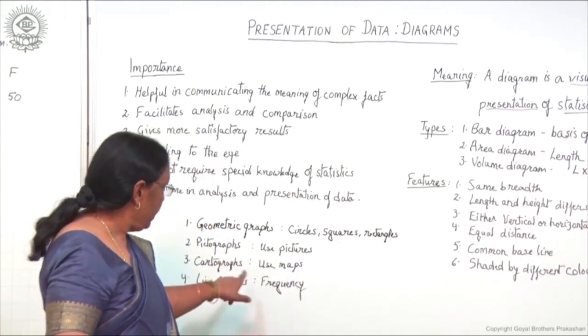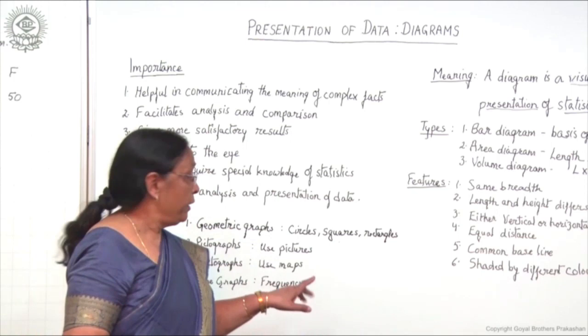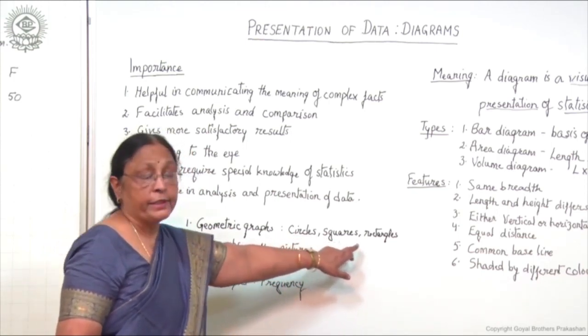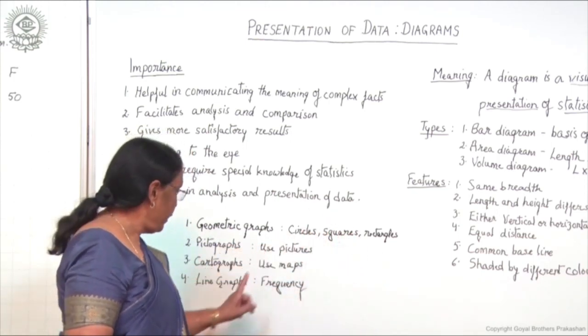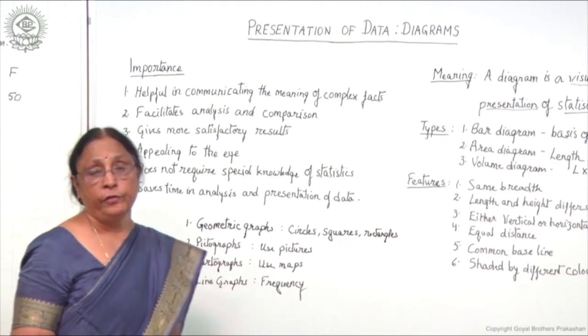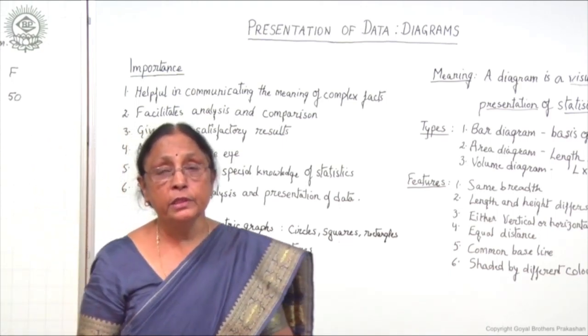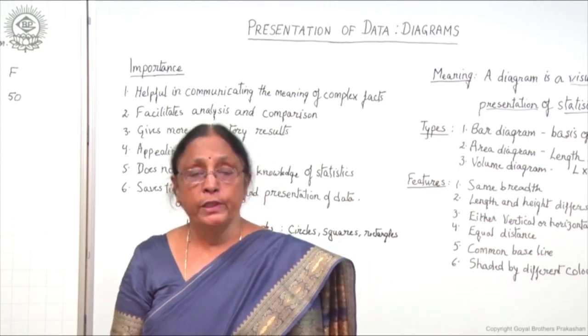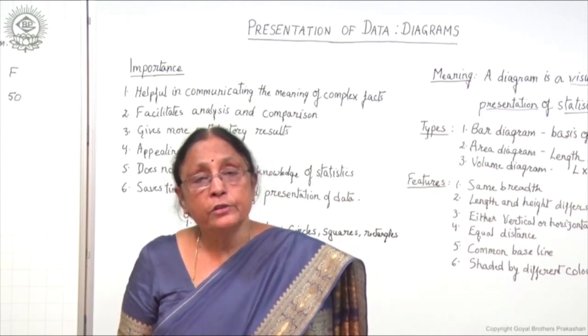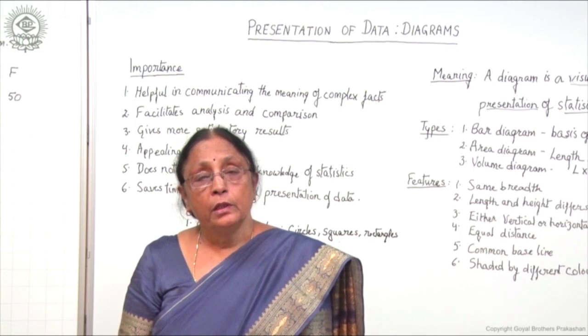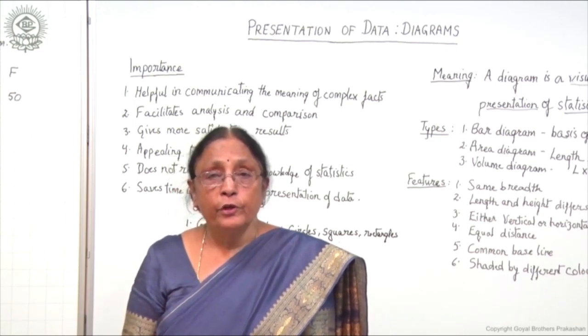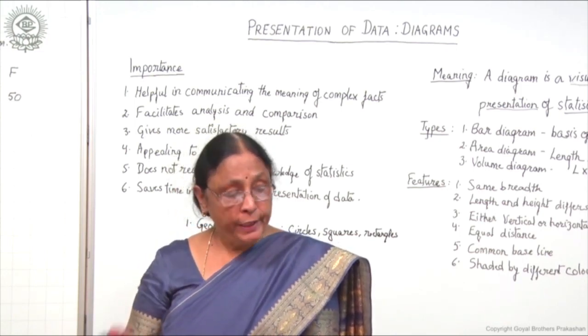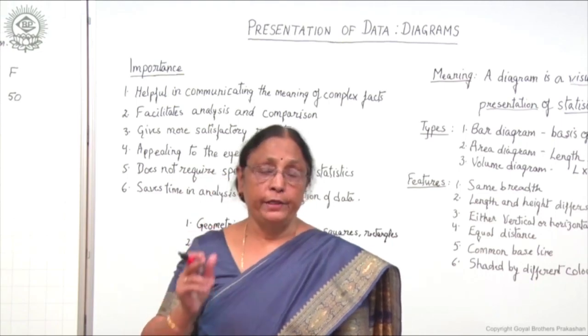Now, another way to show the data, besides circles, squares and rectangles, is the line graph. Line graph means the graph which is drawn on the basis of given frequency. Now, the data shown with the help of diagrams is of two types: grouped data and ungrouped data.